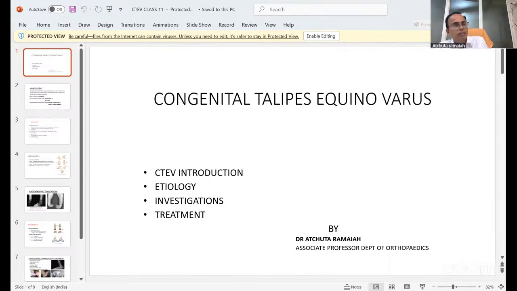But with radiographs, there are no absolute guidelines to judge intrauterinely. It is only once the baby is delivered and we see the CTEV that we can diagnose it.